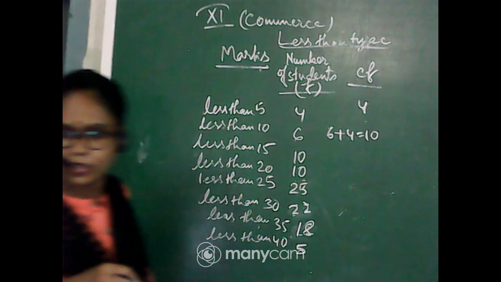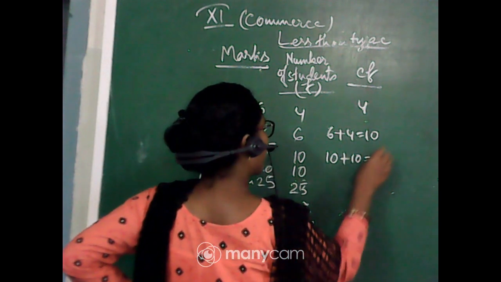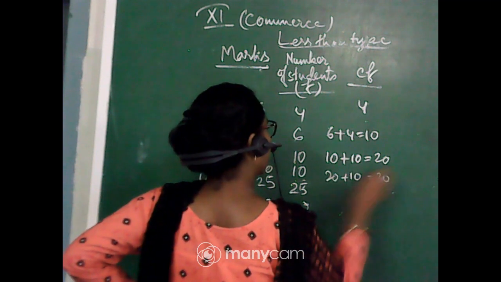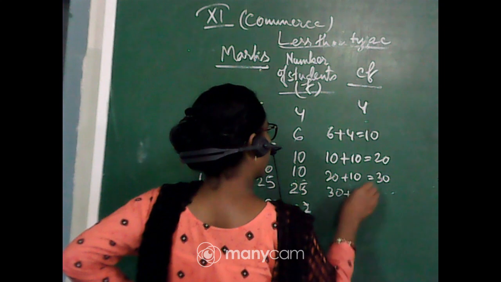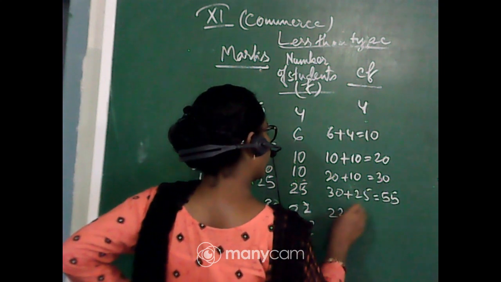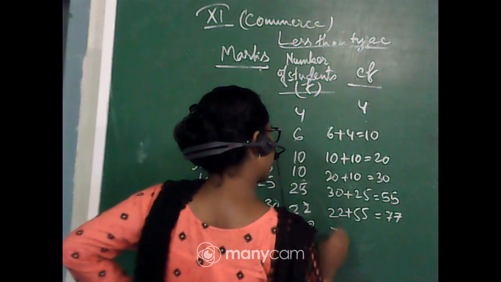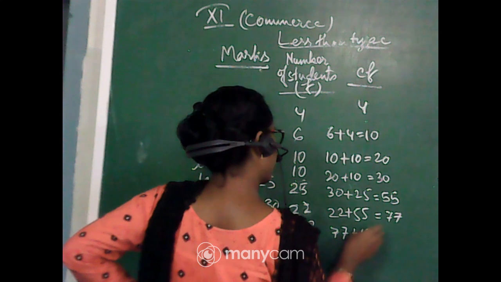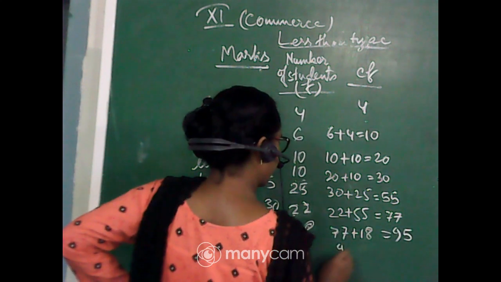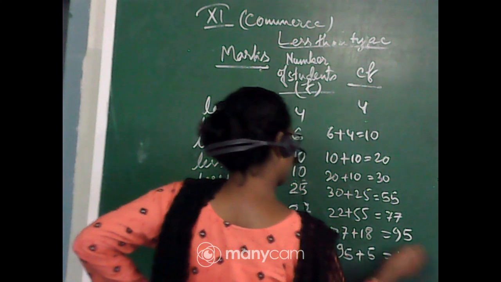Next 10 plus 10, 20, 20 plus 10, 30, 30 plus 25, 55, 22 plus 55, 77, 77 plus 18, 95 and 95 plus 5, it is 100.